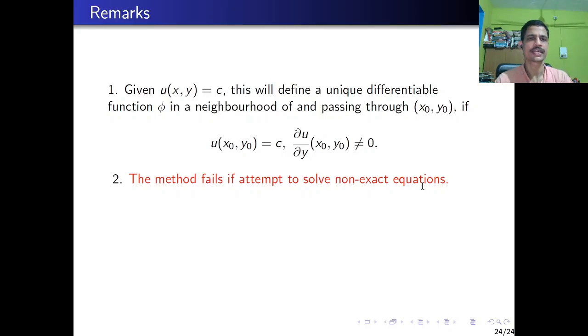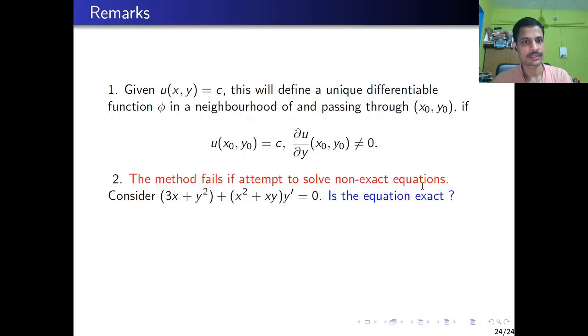What we said till now is that given a first order ODE, we check whether it is exact, and if it is exact, then we apply the method to determine the u function. But if we do the test for exactness and it may come out that it is not exact, then this method will not work. But still, one can solve such equations in many cases.